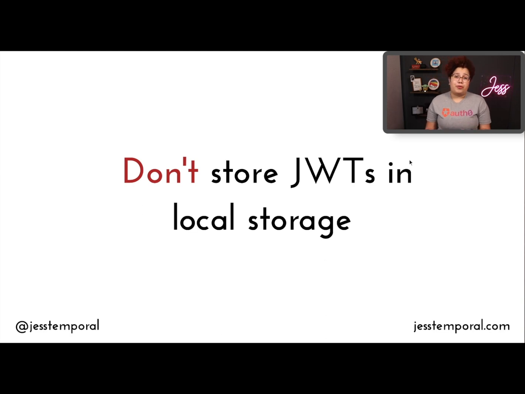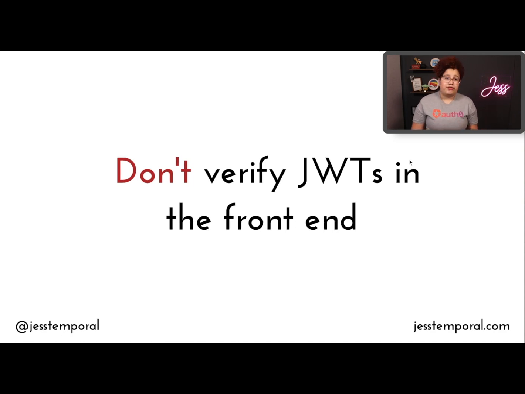This will help you avoid XSS attacks. Now, most of the time, we shouldn't verify JWTs in the front end. Your front end should delegate the verification process to the back end, but one thing you can do in the front end without verifying the token is checking the expiry date that comes in the payload. And you can already reject the token if it is expired.